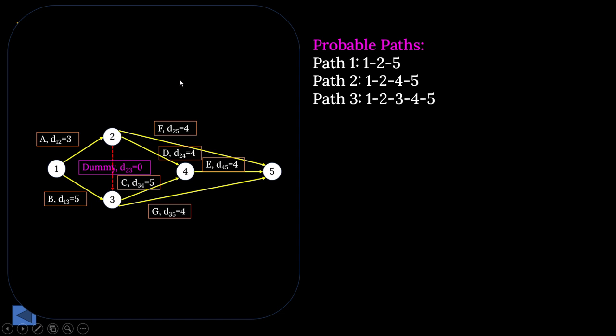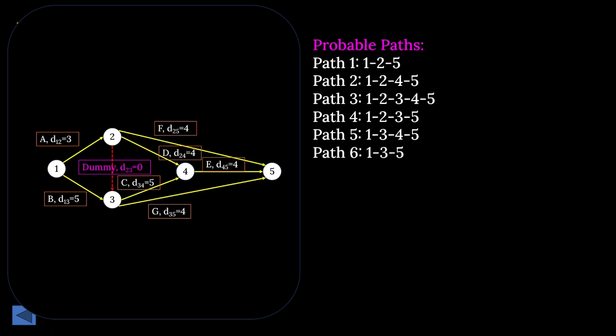Okay, so that is another path. Path 4, 1 to 2, 2 to 3, 3 to 5, that is another path. And path 5, 1 to 3, 3 to 4, 4 to 5, another path. And path 6, 1 to 3, 3 to 5, another path.